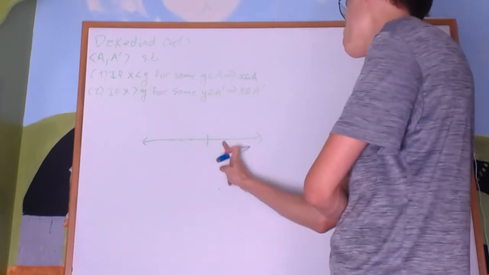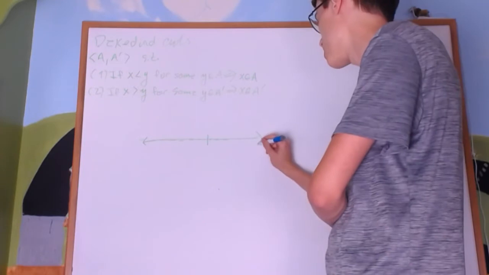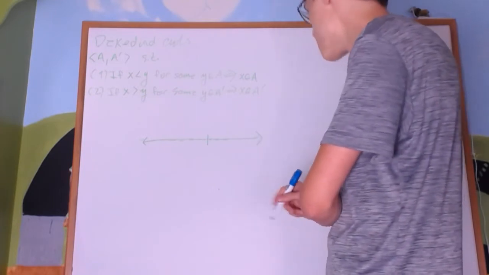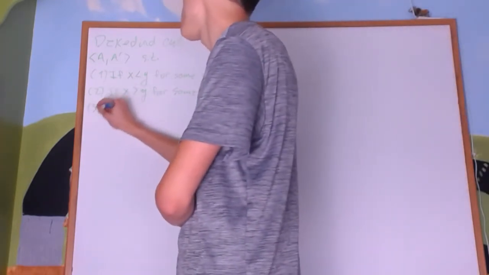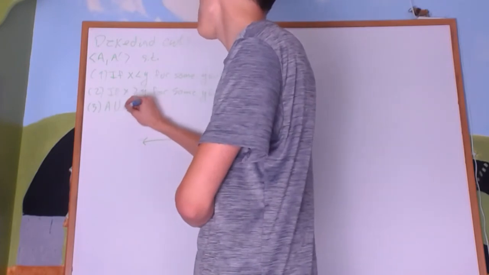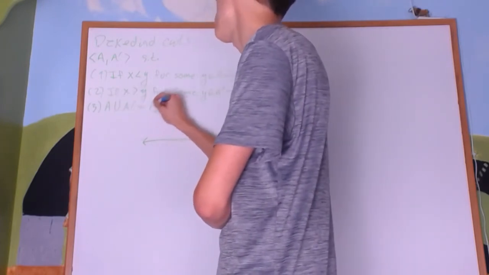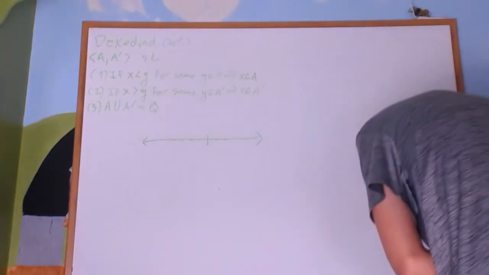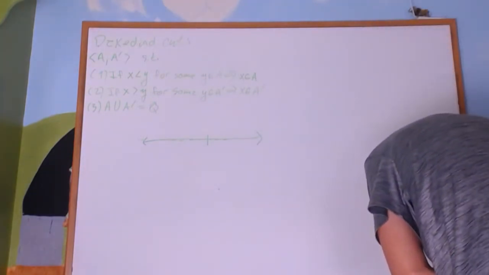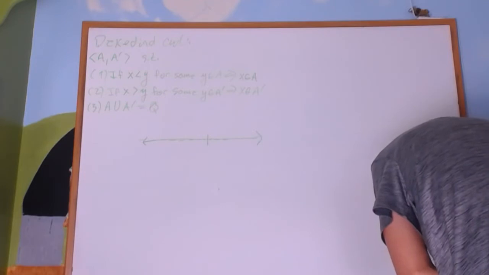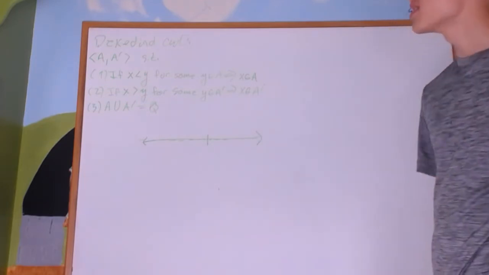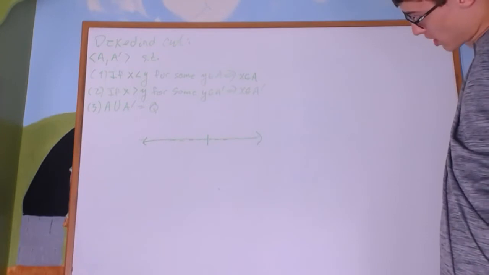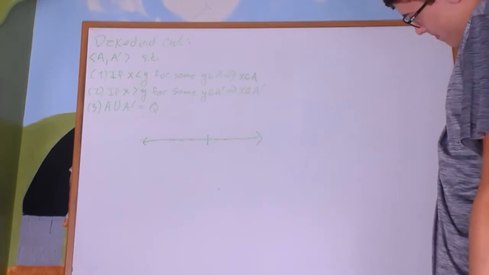So basically they're closed upwards, and number 3, A union A prime is the rational numbers. Yeah. Okay. So this is the Dedekind cut definition.